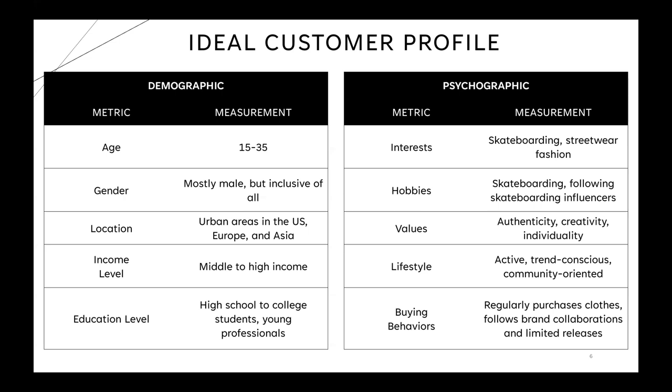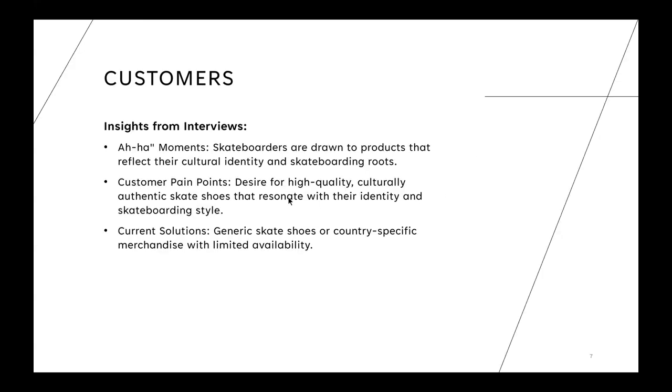Lifestyle, they are active, trend conscious, community oriented, and have a sense of national pride. Typically, if they're buying a shoe representative of their nation. Buying behaviors, they ideally would regularly purchase clothes and then follow brand collaborations and limited releases, especially if we're going to push during events and have those releases in a limited fashion.